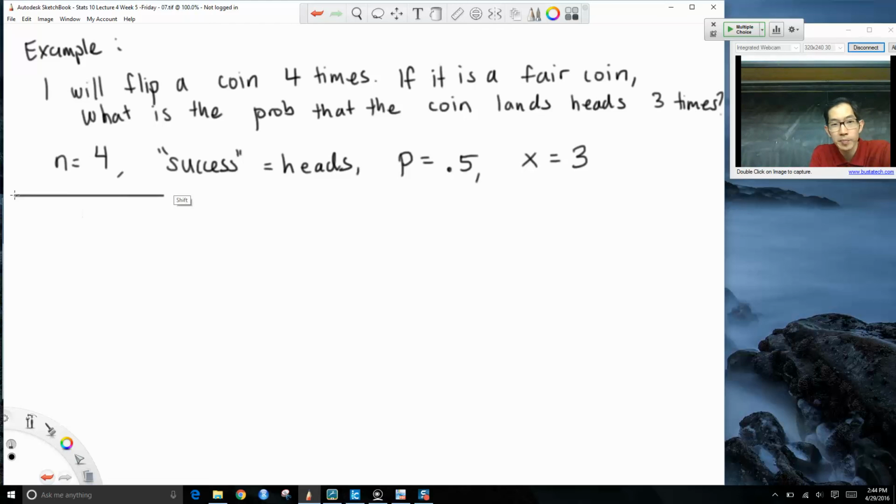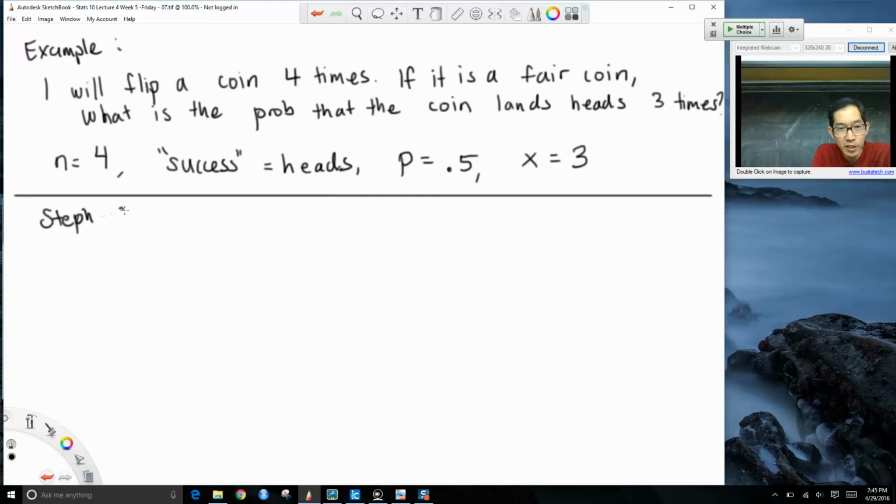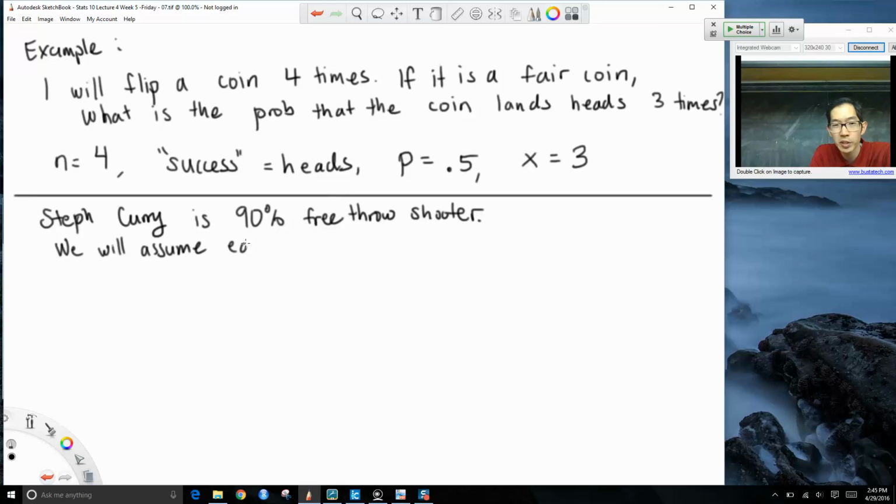All right, let's talk about basketball. We'll say Steph Curry, he's probably a little bit better than this, but we'll say is a 90% free throw shooter, meaning every time he takes a free throw, there's a 90% chance that he makes it in. This might not be true, but we will assume each shot is independent of the other.